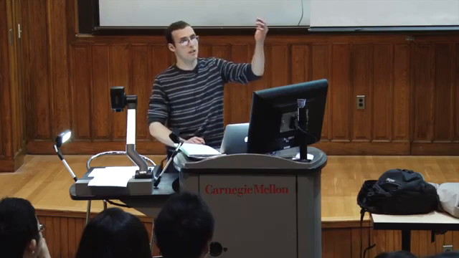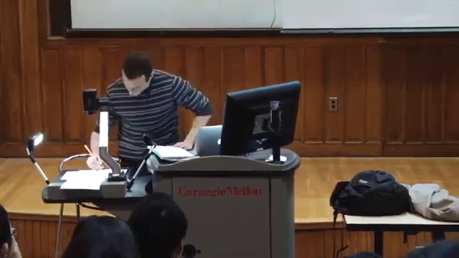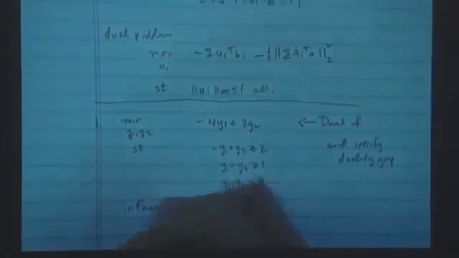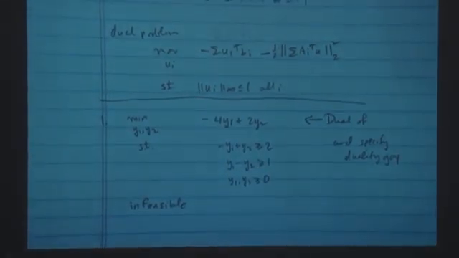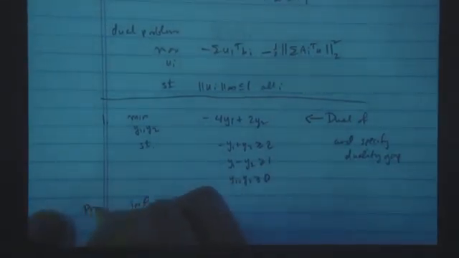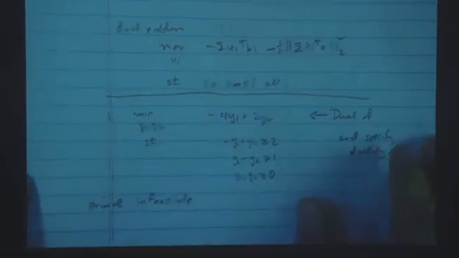If both the primal and the dual are infeasible, then the duality gap is infinite, because the primal criterion value is infinity and the dual criterion value is minus infinity. Had we seen that this was a feasible constraint set, the answer would have been that the duality gap is 0 before even computing the dual. So no matter what you compute for the dual, you better get that the duality gap is 0. Now that we've seen that it's infeasible, the duality gap can be infinity if the dual is also infeasible. It's just good to establish that in your mind before you compute the dual.